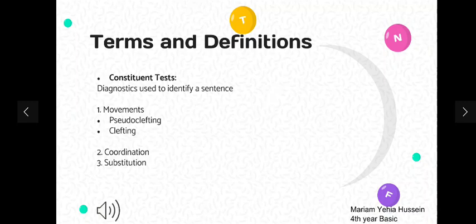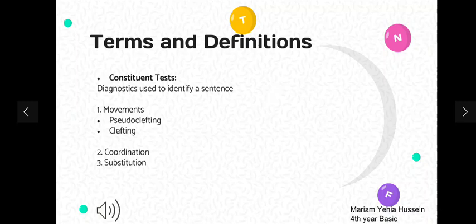So after illustrating with the tree diagram the components and the structure of the sentence, let's apply the tests after separating the deep structure into two constituents.